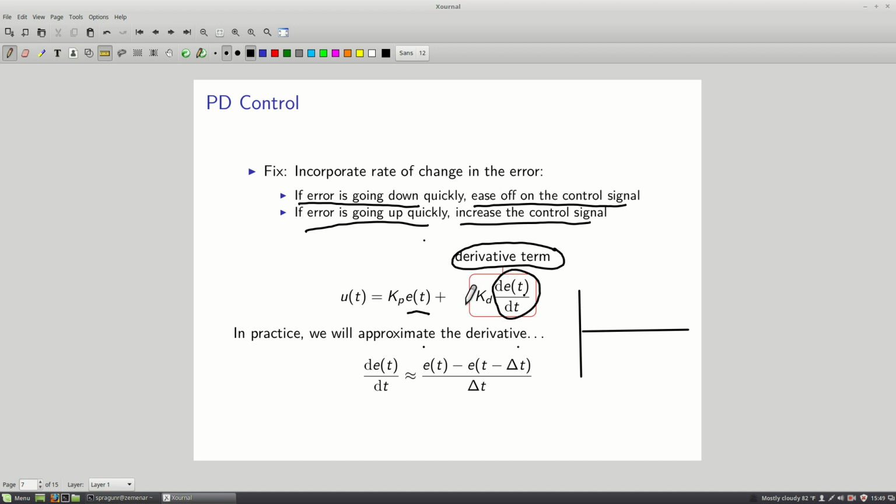So our controller is going to be getting readings from the system, the position of the locomotive, at some fixed time intervals, maybe 10 times per second. And similarly, we'll be sending our control signals maybe 10 times per second.